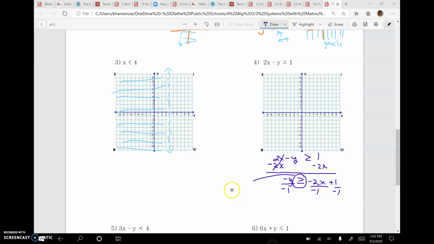So remember that if you multiply or divide by a negative, switch the inequality.